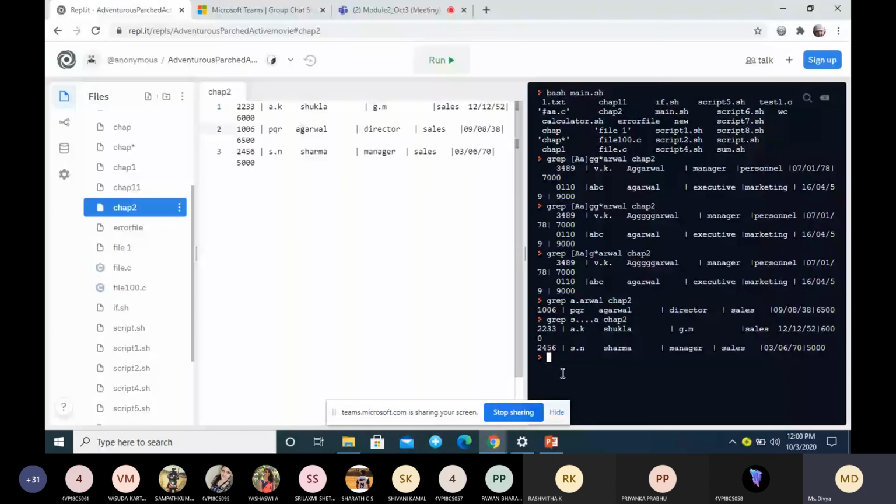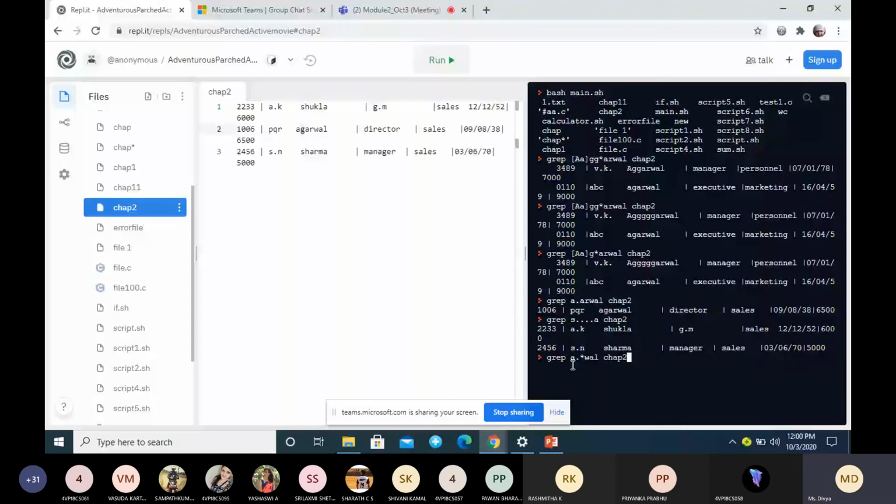So here I'm writing grep a dot star wal chap 2.